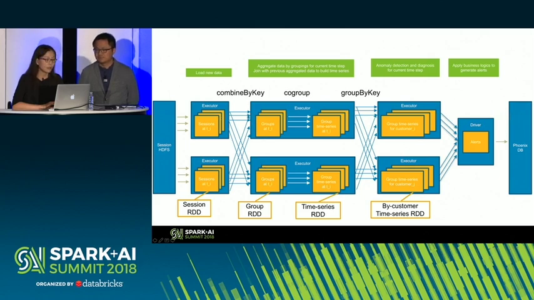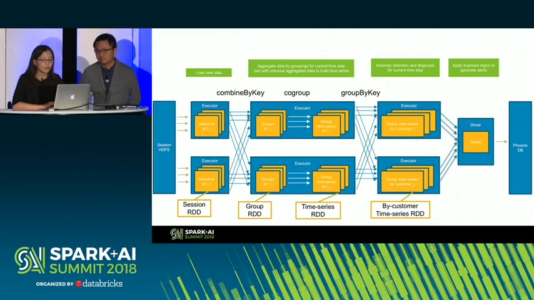As you can see, data shuffle is involved here because data needs to be aggregated. The group-level RDD is then joined with the historical data to form updated time series, so a new RDD is generated here, which is the time series RDD. The time series then needs to be shuffled again so that the data belonging to the same customer is in the same partition, as required by the anomaly detection algorithm.